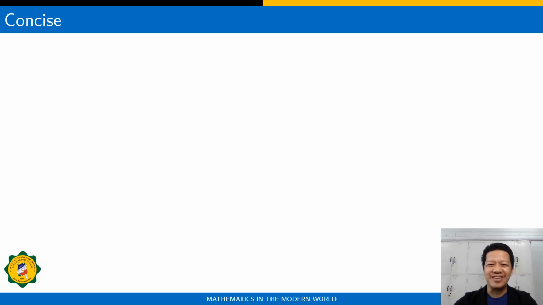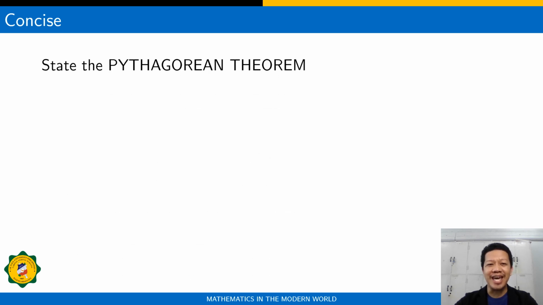How about being concise? Kindly try to state the Pythagorean theorem, one of the famous theorems in geometry. So you kindly try it in your own study area. Okay, so this is the concise statement of the Pythagorean theorem.